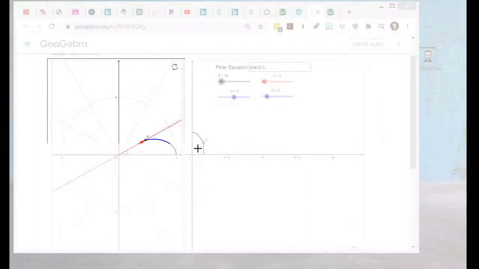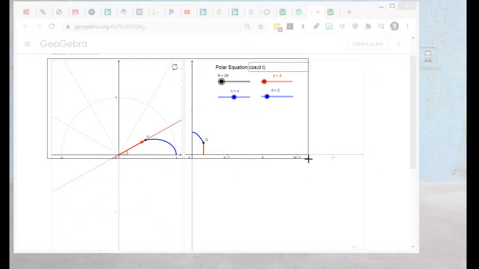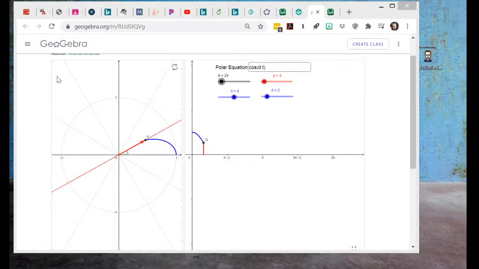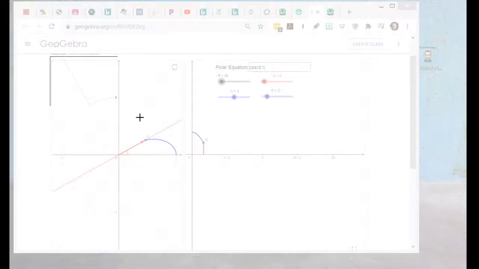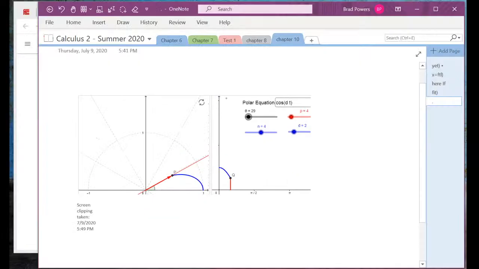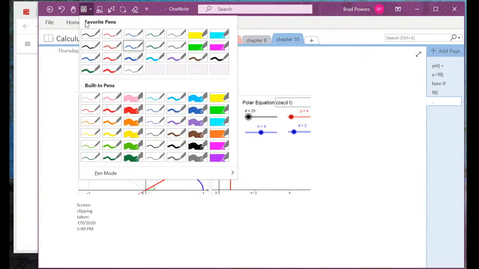I don't want to spend a ton of time on this, but this is kind of a neat thing. And where'd it go? All right, let's try again. Okay, there it is.